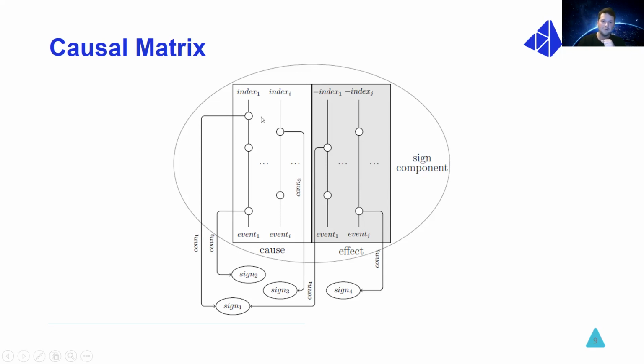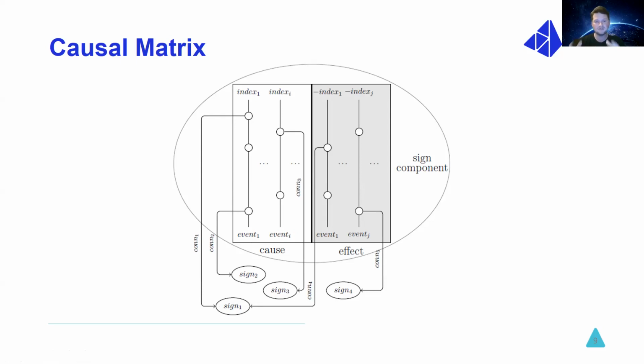If you have a one in a particular place in this matrix, that means that this particular feature appeared at this time event. And each of these ones is not just a number, it's a link to another sign. So this is how they are interconnected into a network.